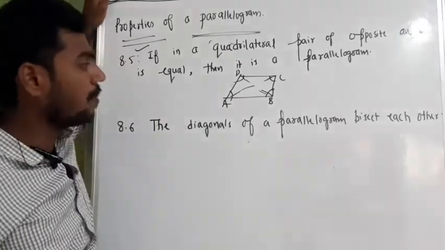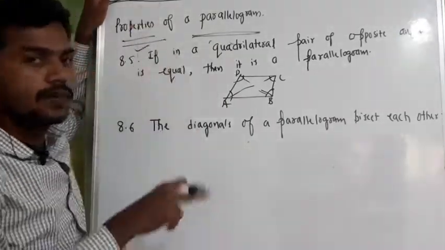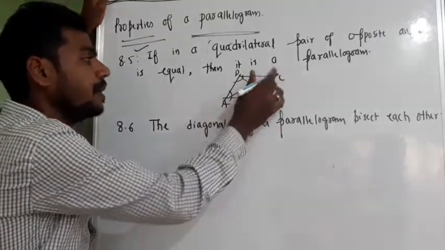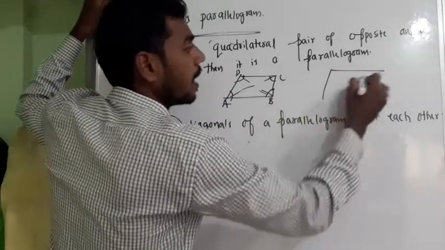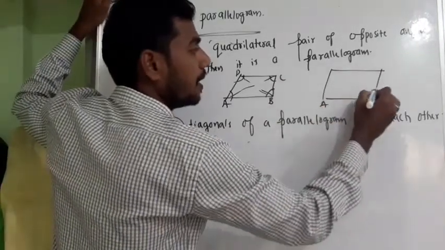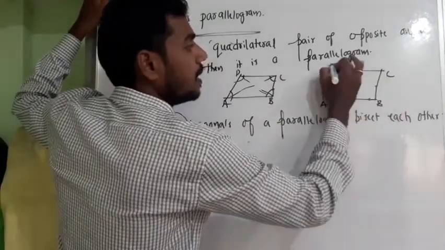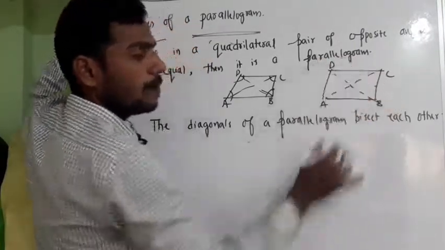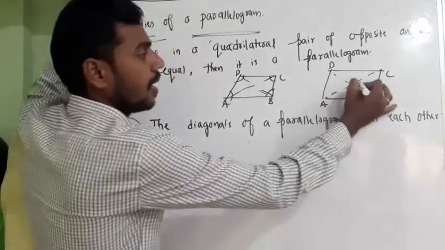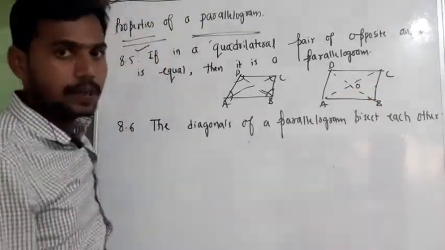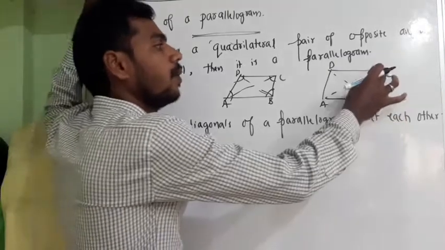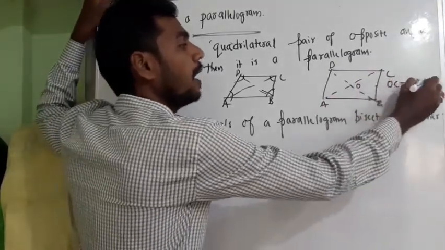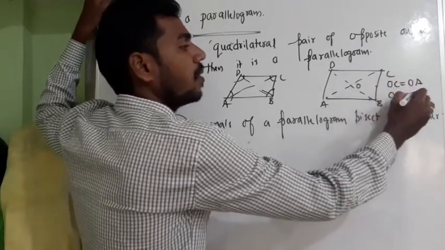Draw the diagonals. ABCD is a parallelogram, AC and DB are the diagonals, and they are intersecting at point O. If you take your ruler and measure, OC will be equal to OA and OD will be equal to OB.